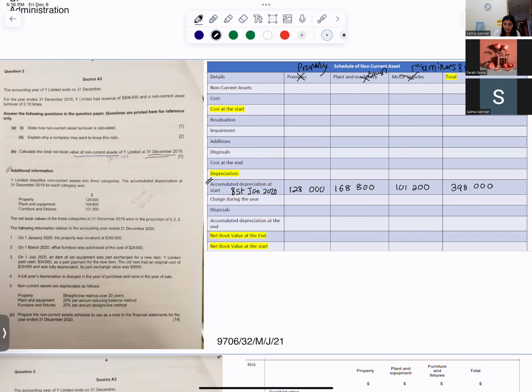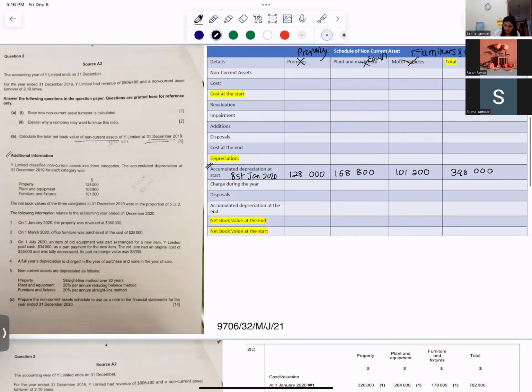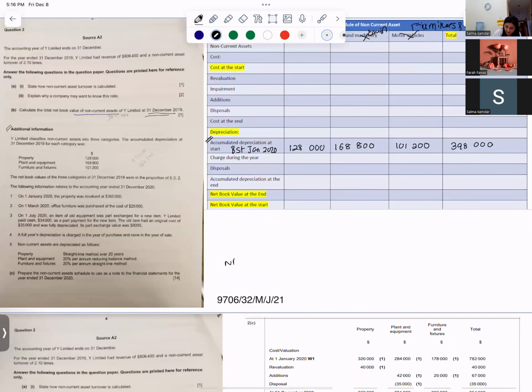Okay, so the net book value on the last date. At the start or at the end? At the start. At the start was in the ratio of how much? 5:3:2.